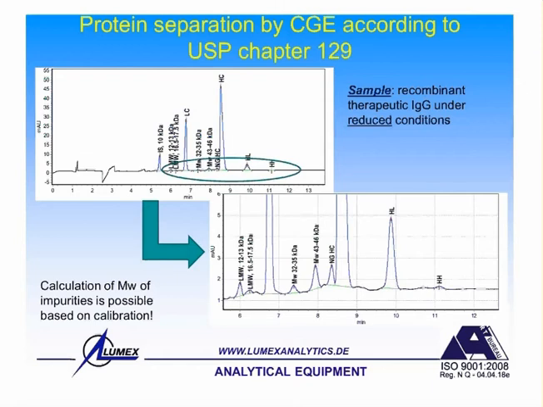And what is important, in CE, the cost of your possible mistake is very low. Imagine what happens if all of a sudden you spoil the column in HPLC. If you spoil the column, it means that you threw away about $2,000, which is actually good money.